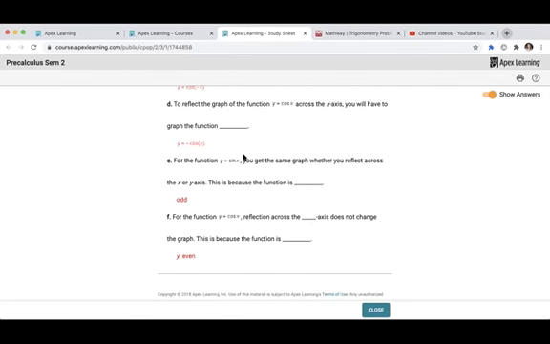They're not the same as sine of x, but if you flip across the x or the y axes, it'll have the same impact, because it is an odd function. But for an even function, only if you reflect across the y-axis does it not change.